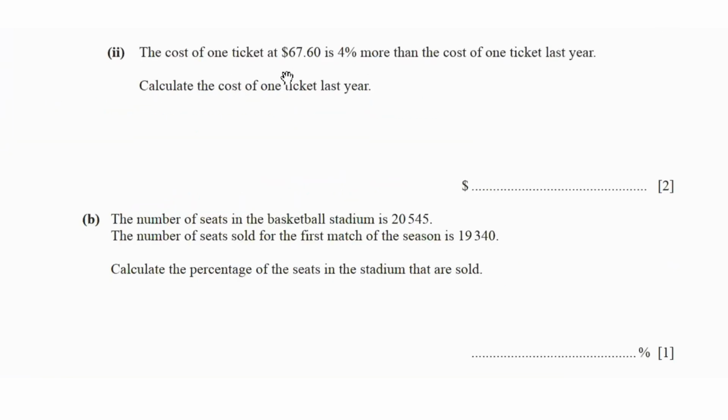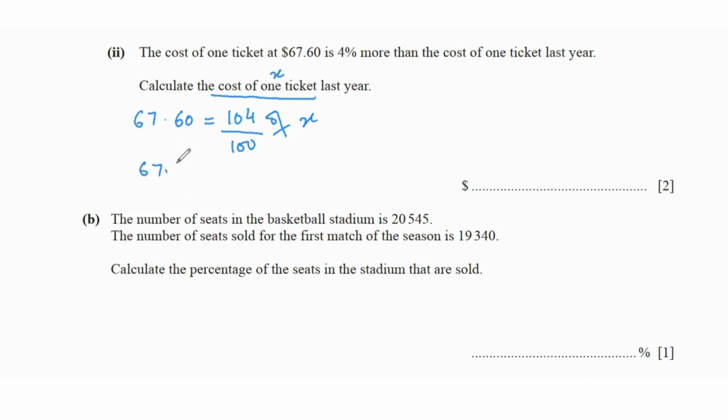Then it says the cost of one ticket at $67.60 is 4% more than the cost of one ticket last year. Calculate the cost of one ticket last year. So if 67.60 is 4% more than the cost of one ticket last year, that means 67.60 is basically 104% of X, X being the cost of one ticket last year.